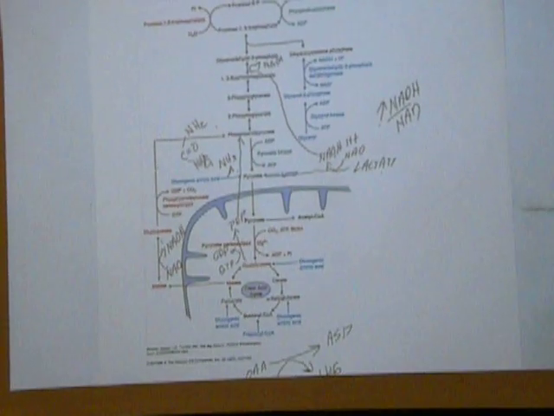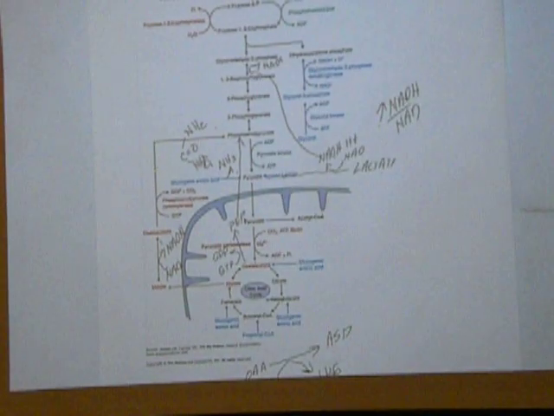That gives me alpha-ketoglutarate. So I've got the same problem that we looked at with the malate-aspartate shuttle. The only reason this would work is if I have an abundance of glutamic acid and alpha-ketoglutarate that I can shuttle back and forth through the mitochondria and cytosol. And that may not be the case.